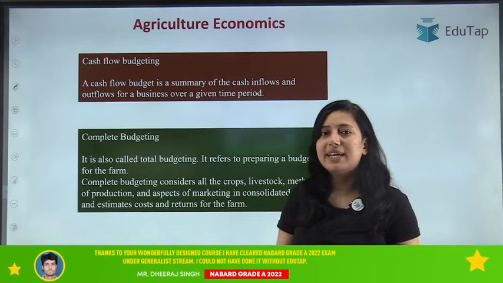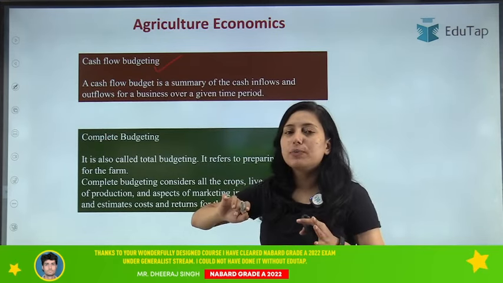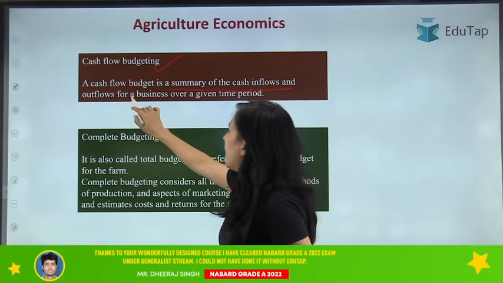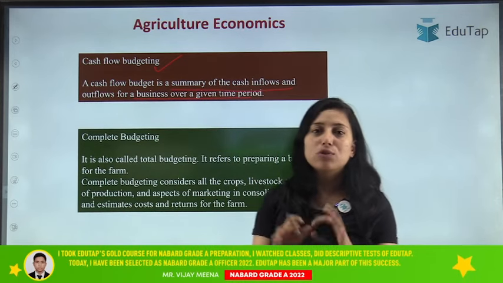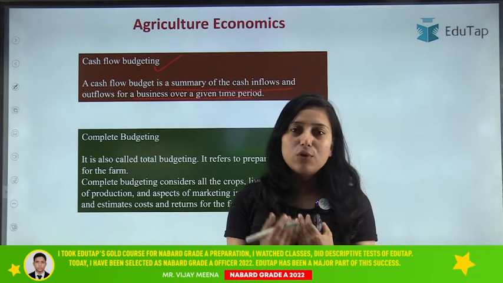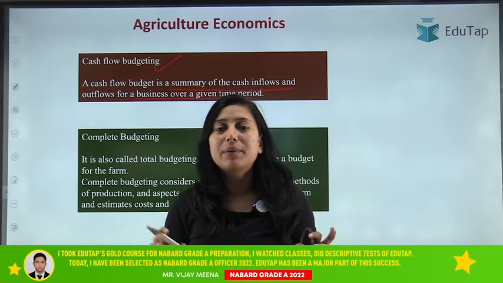Let's move on to the third type, that is cash flow budgeting. Now, what is this cash flow budgeting? Basically, it is a summary of the cash inflow and outflow of a business over a given period of time. For example, I have 5 enterprises and I want to see what the cash inflow and outflow of the whole farm is in a particular year.